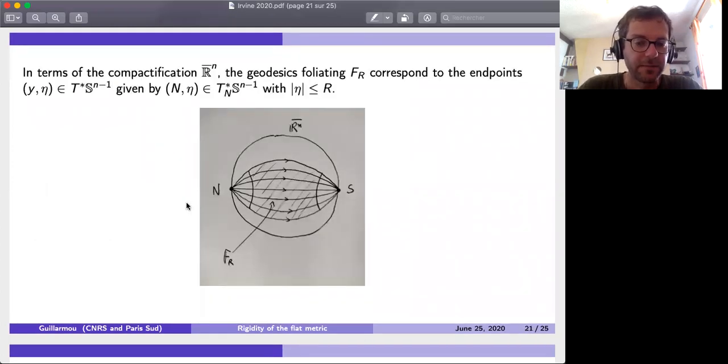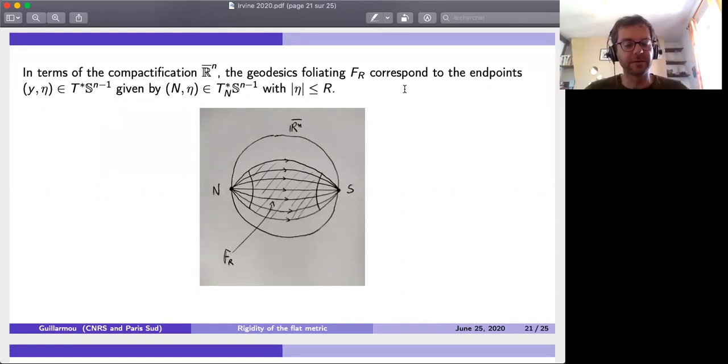Now I just want to show you, in terms of the compactification Rn bar, the geodesics foliating F of R. Because we have proved that the scattering maps for Euclidean space and for g are the same, our g geodesics passing through this cylinder, when we flow them forward and backward to infinity, will approach what I call the north and south poles. For g, the north is on the left this time, and the south on the right.